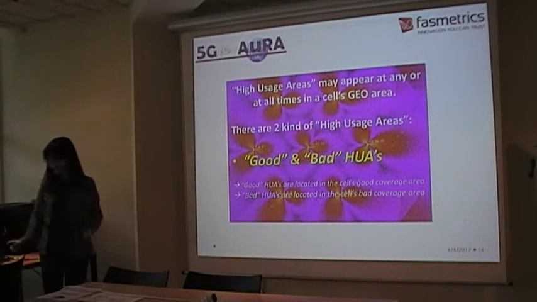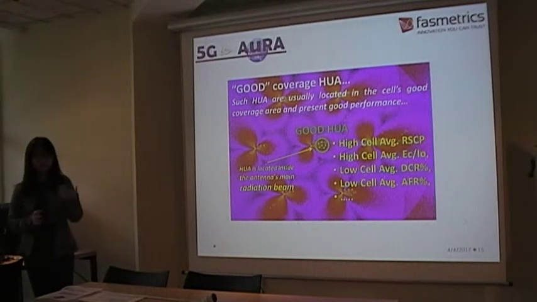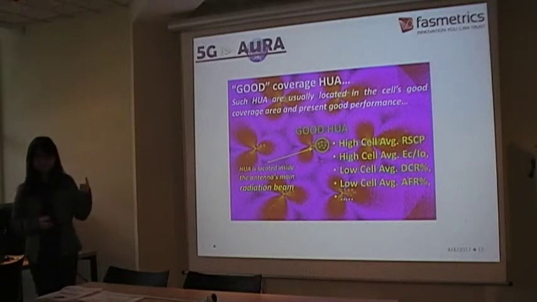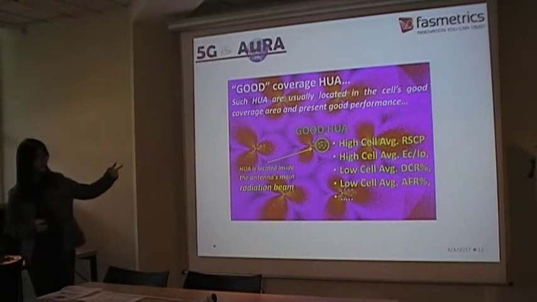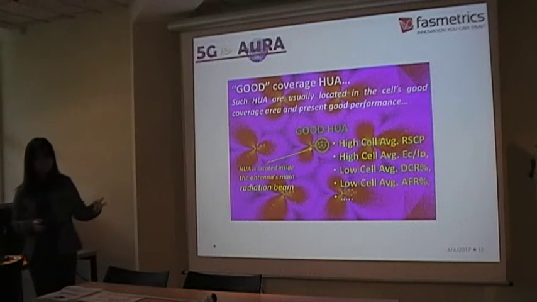In real network systems, the good high usage area coverage is mainly located inside the antenna's main radiation beam, and the users are represented by green dots here. These users usually get high signal strength, high signal quality, and low drop call rates or low access fail rates.